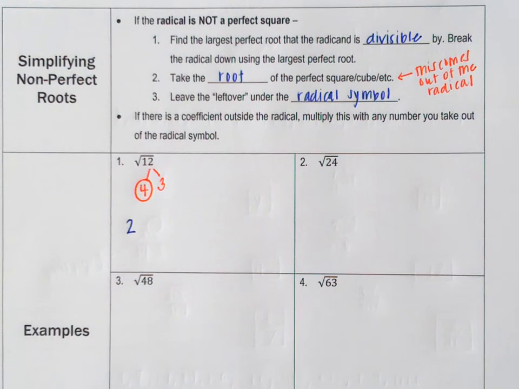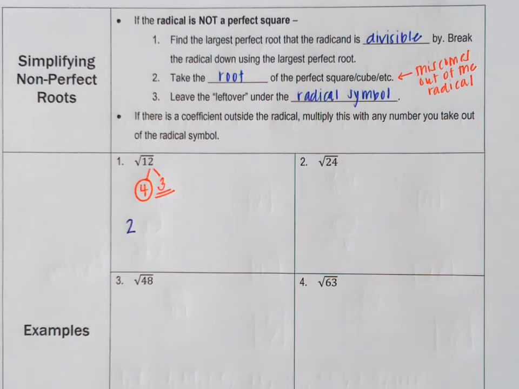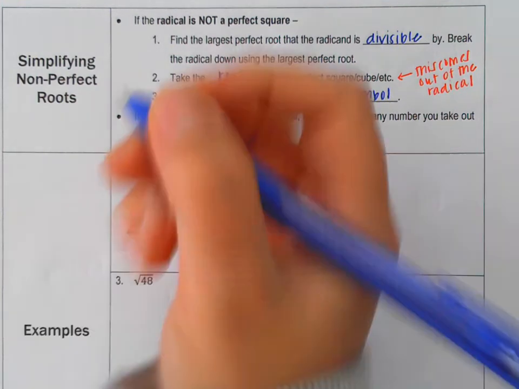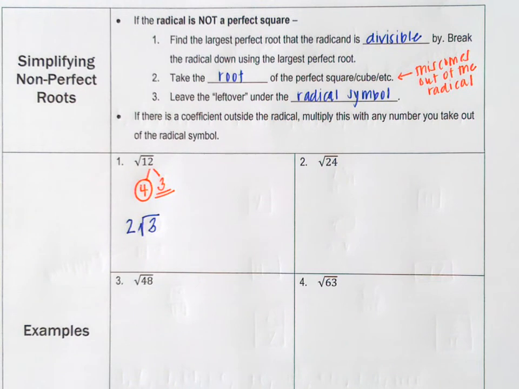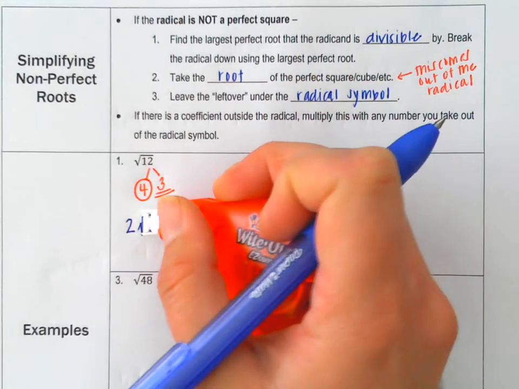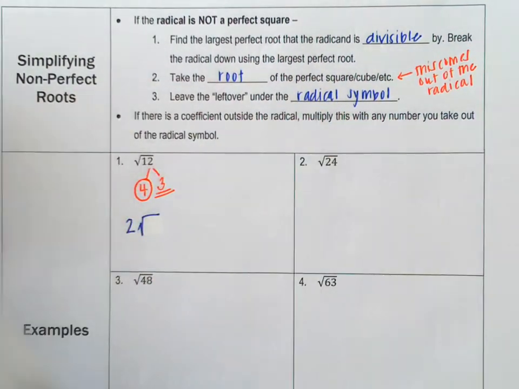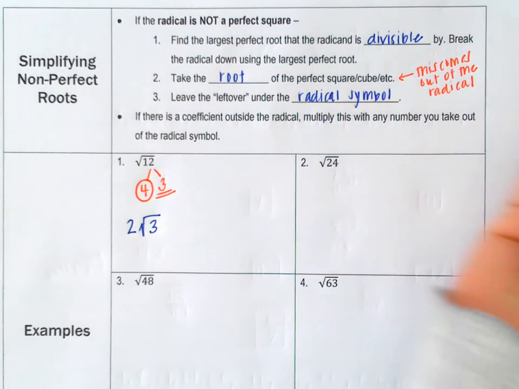So my leftover is the 3. We don't know what the square root of 3 is, so we're just going to leave it inside the radical. So the square root of 12 can be simplified to be 2 rad 3.